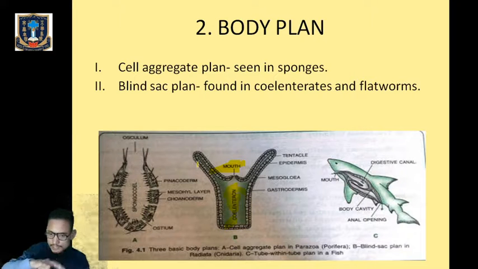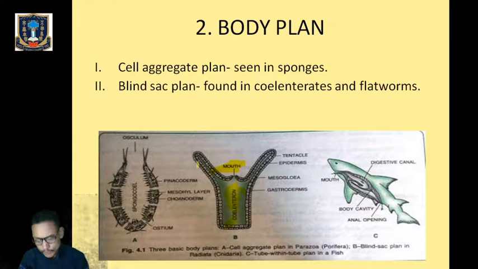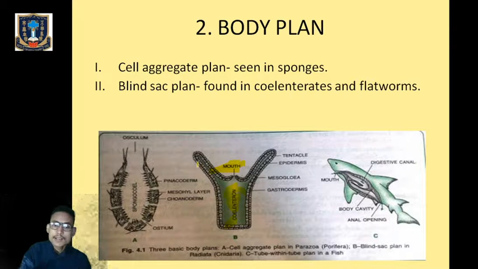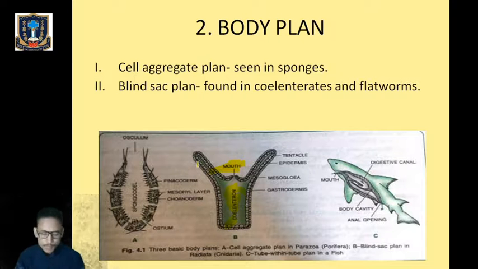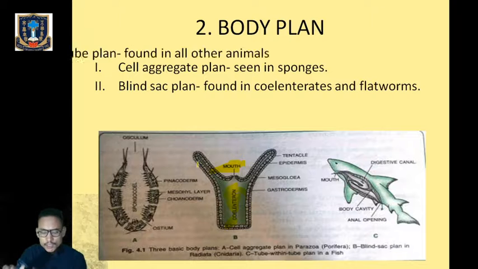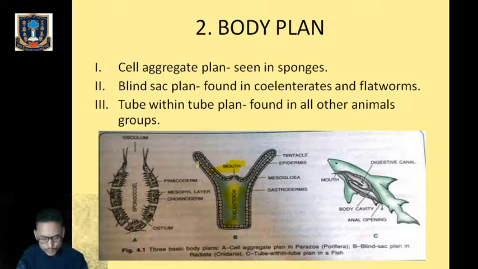That means the cells have been specialized to perform particular functions, and the cells form groups to form tissues. Then next, we can see the tube within tube plan, which is found in all other animal groups.